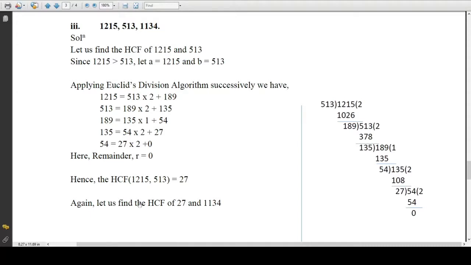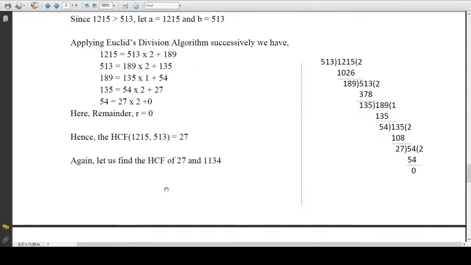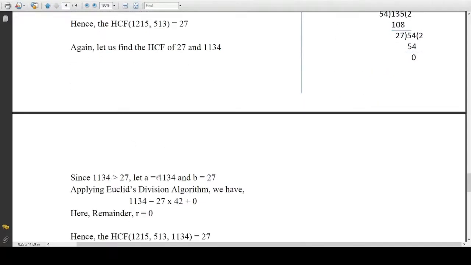And now let us find the HCF of this 27 and the third number 1134. Between these two, 1134 is greater, therefore we'll take A to be 1134 and B as 27. Applying EDA here, you'll find that 1134 is equal to 27 multiplied by 42, leaving no remainder at all.